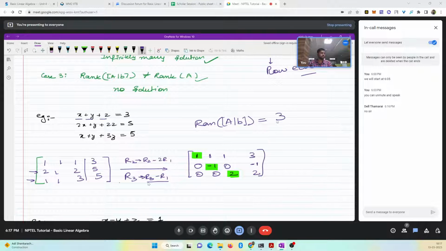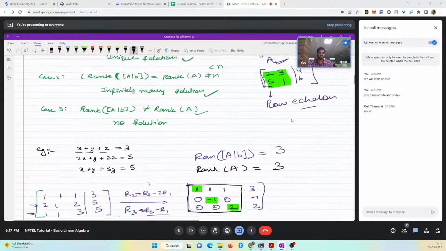This is 3. Now if you just look at the matrix A, that is without including the column that we obtained, here also you obtained 3 pivot elements. So what is the rank of A? The rank of A you also obtained to be 3.